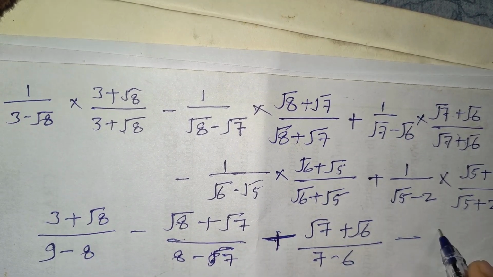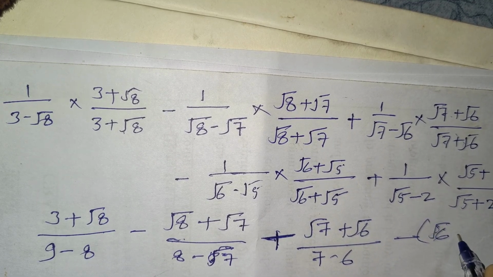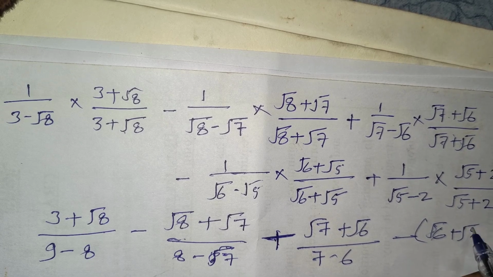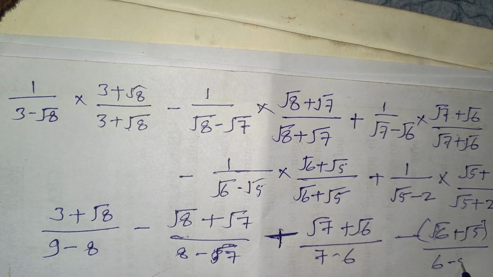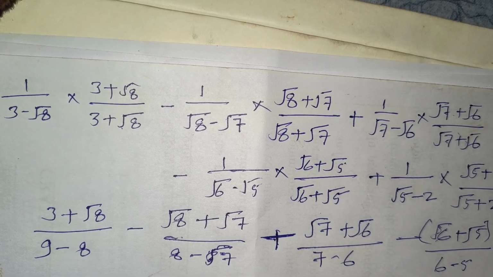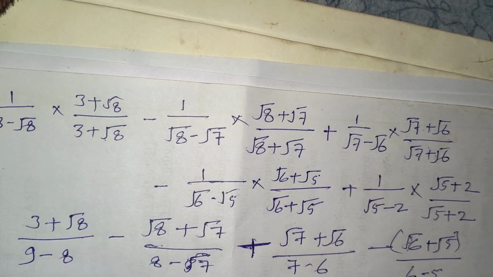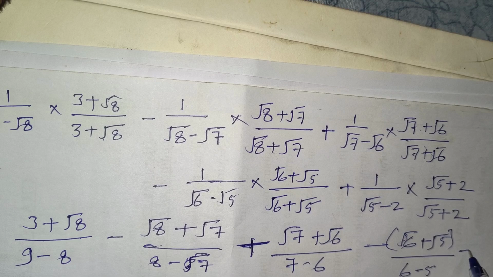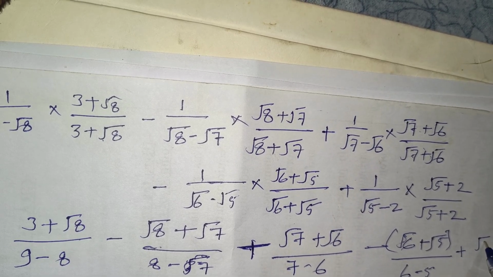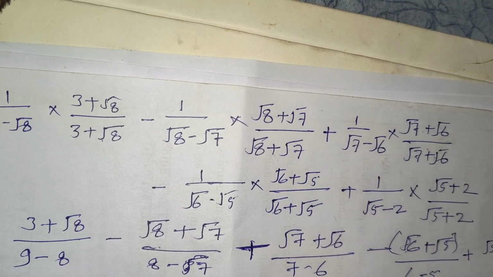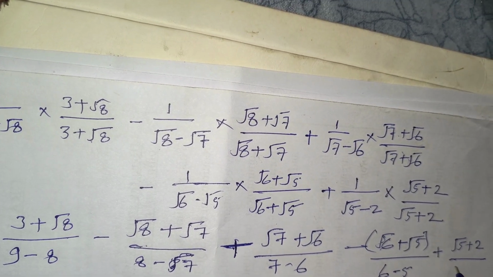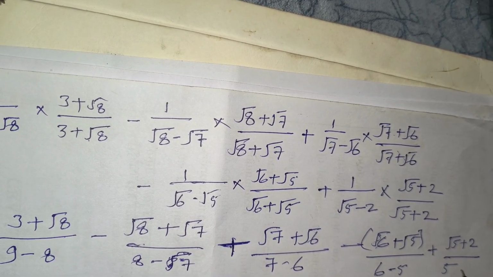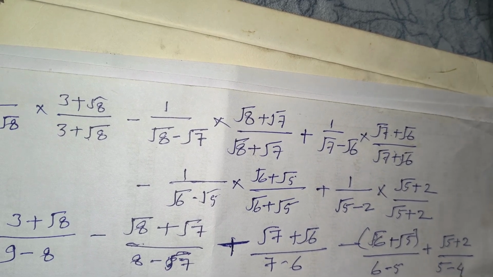Next term is root 6 plus root 5 upon 6 minus 5, and the next and last term is plus root 5 plus 2 in the denominator 5 minus 4.